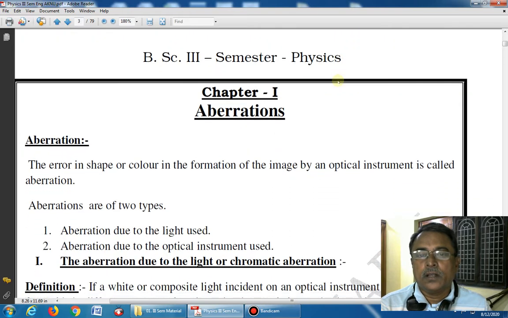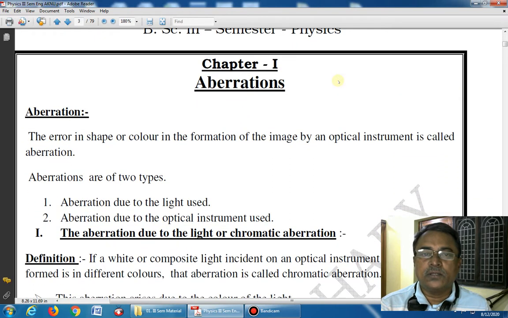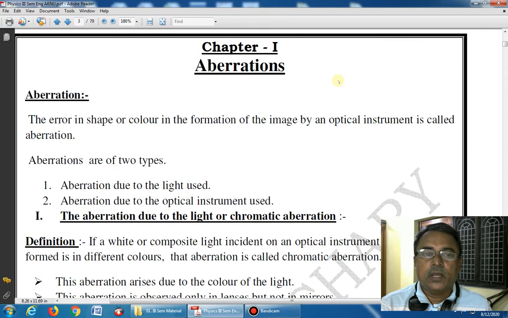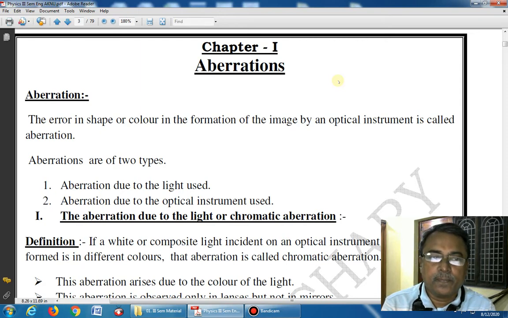So, coming to aberrations, first we have to know what is meant by an optical instrument. Optical instruments means it is a device or an instrument that is used to observe or view any object clearly.